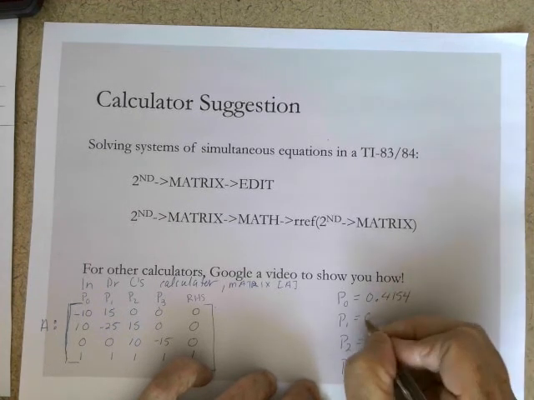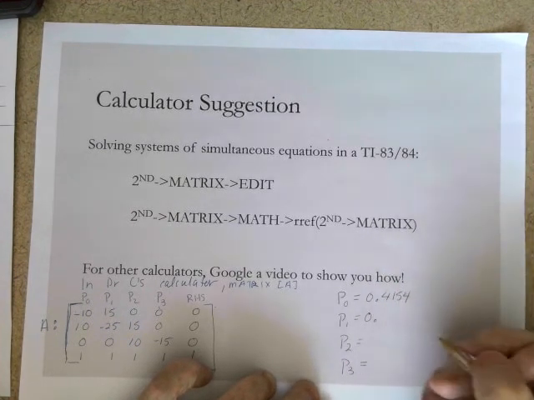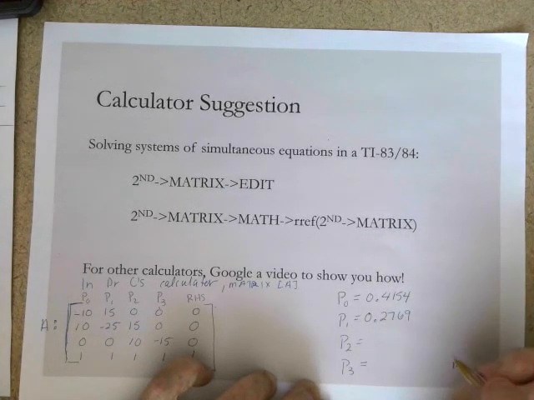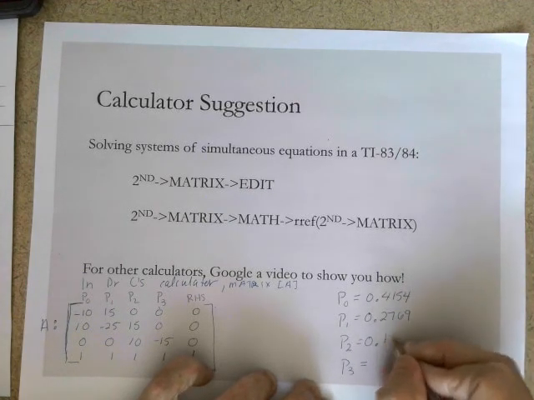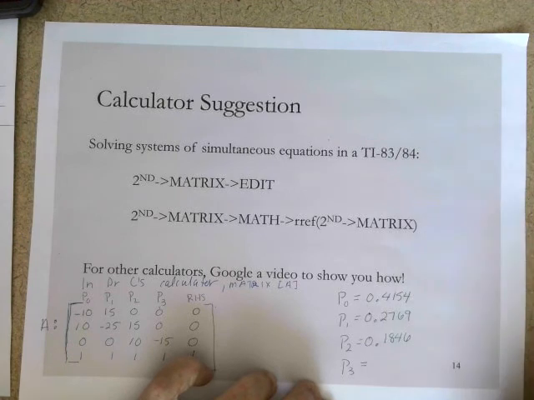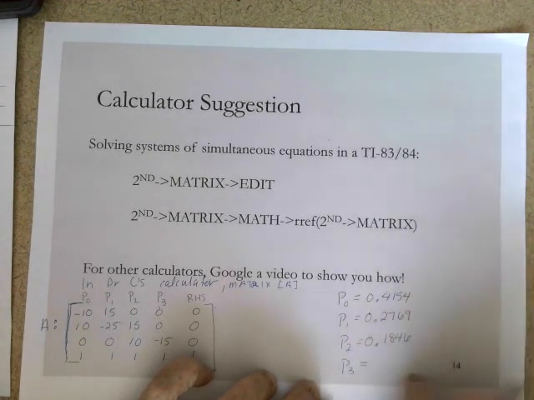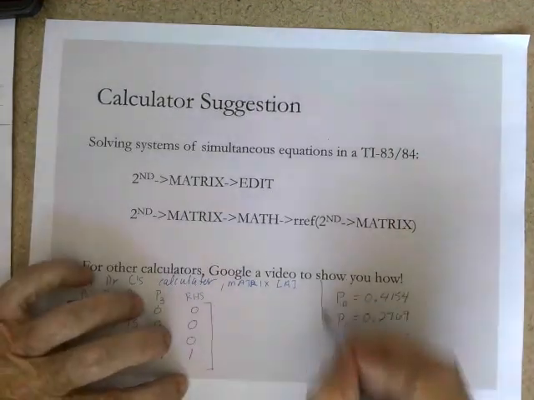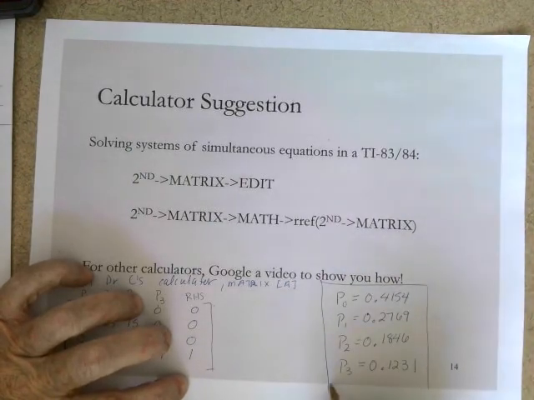The probability of having 1 person in service, nobody in queue, will be 0.2769. The probability of having one car in service and one car in queue is 0.1846, and the probability of full capacity, one person in service, 2 in queue, is going to be 0.1231. And that's the answer to the question on the previous page.